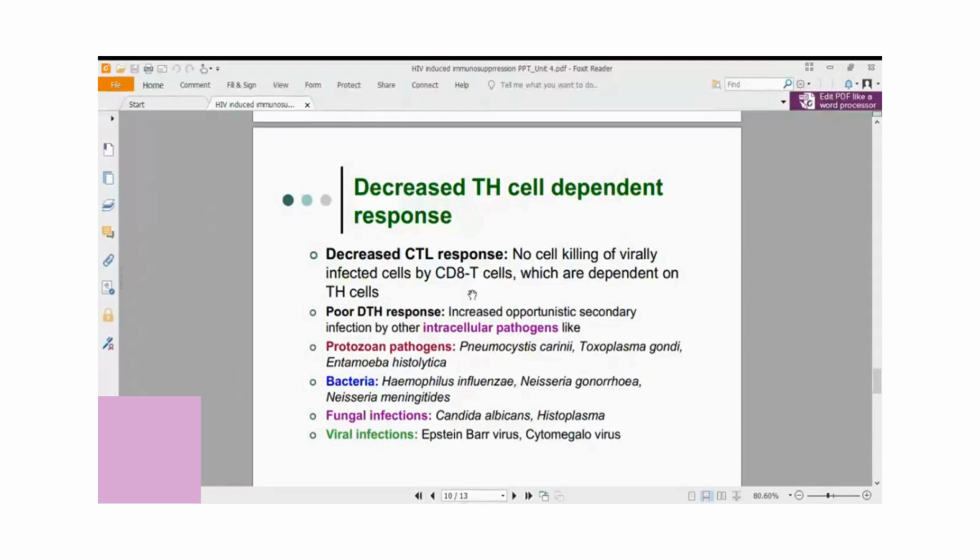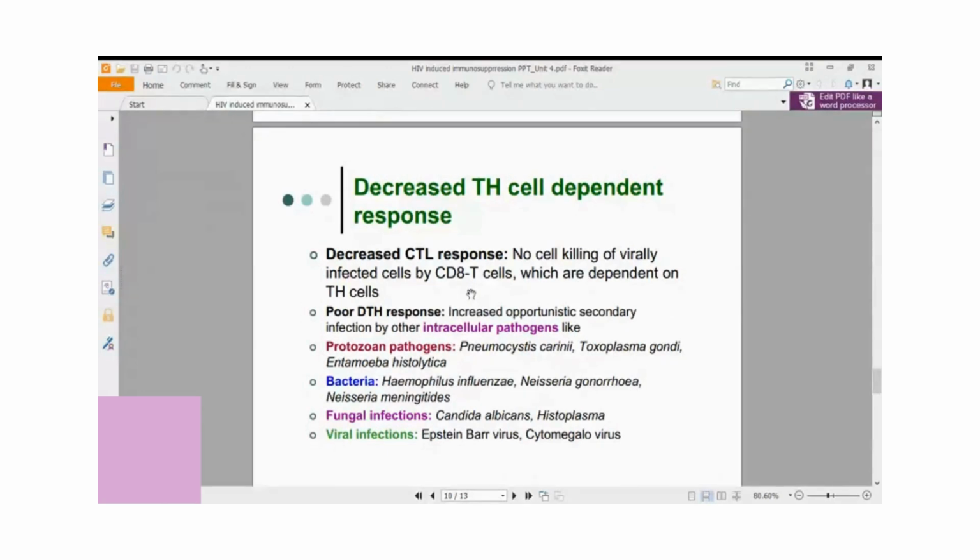And once they bind to that cell and establish a synapse with that cell through their TCR, which is in contact with the class 1 MHC, at the same time, CD8 is in contact with the alpha 3 domain of the class 1 MHC. And then other signals are responsible for the activation of that CD8 T cell.